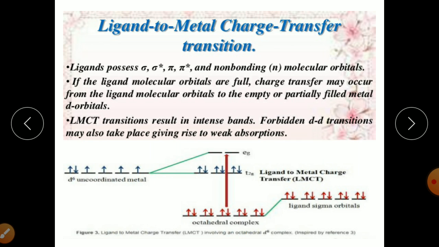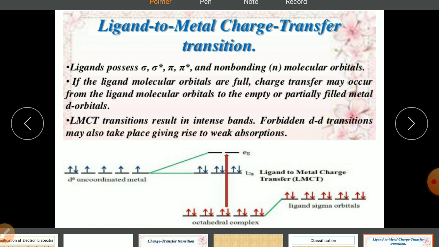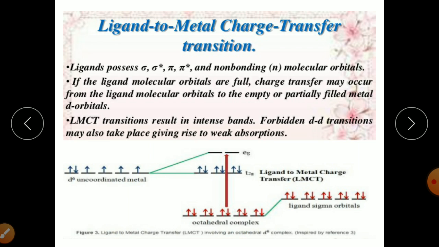Consider an octahedral geometry, for example a d6 system, where there are 6 electrons in the degenerate orbitals. Based on the ligand strength overlapping with the metal ion, the metal electrons are in the lower t2g energy level, and the fully filled ligand electrons move from lower to the higher eg energy level.